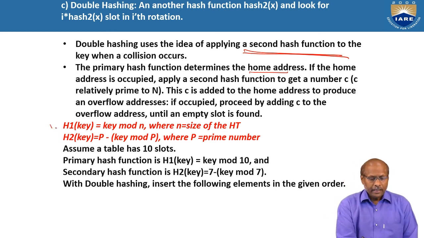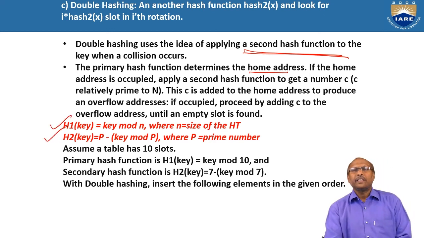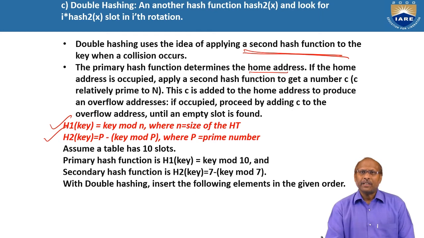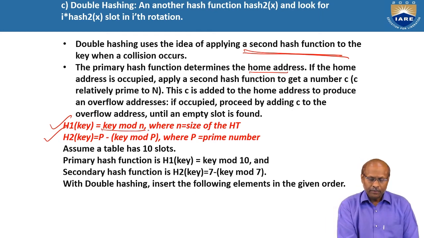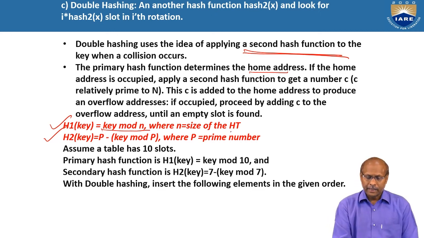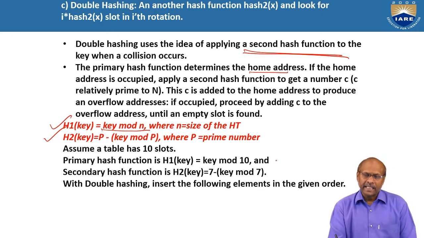So please observe here, you have to write two functions. One is h1, second is h2. h1 is a function that takes key as a parameter, and applies this logic: key mod n, where n is the size of the hash table. That will give the index. In that index, if data is already available, then there is a collision.